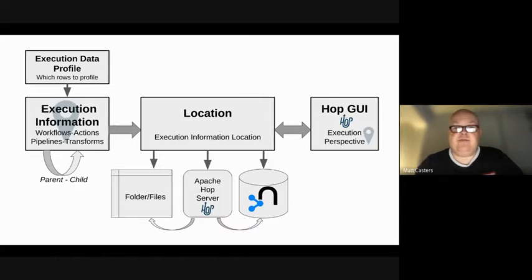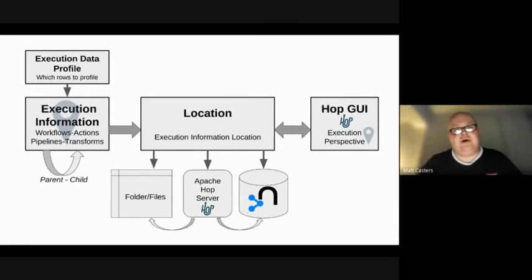And that location can be either a folder somewhere where subfolders will be created based on the unique ID that each of these executing entities get, or into a Neo4j server. Now, this is a new plugin system, so you can build new plugins for whatever kind of logging or any sort of backend that you have in mind. But those are the two that we have.